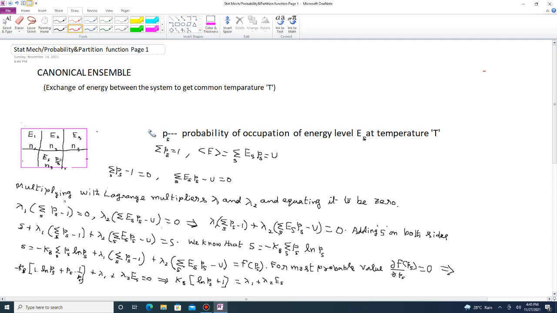Since it is a conducting wall, there is a transfer of heat, so that the temperature of all the cells remains constant. So the exchange of energy between systems gives them a common temperature T.